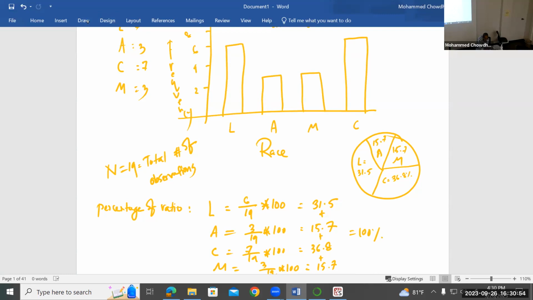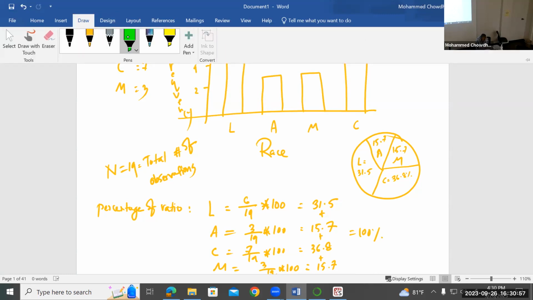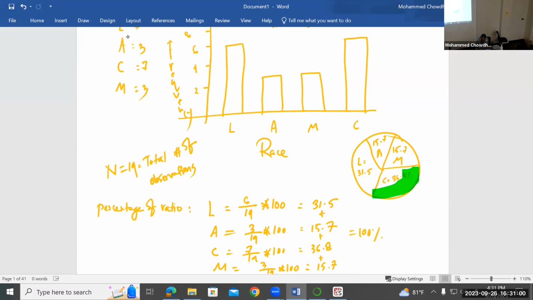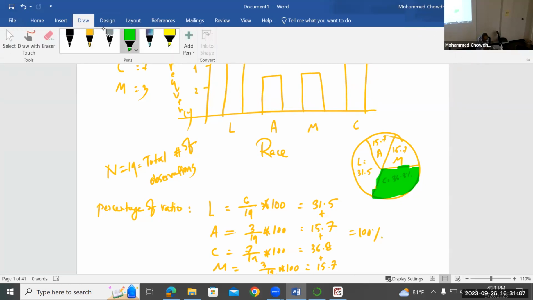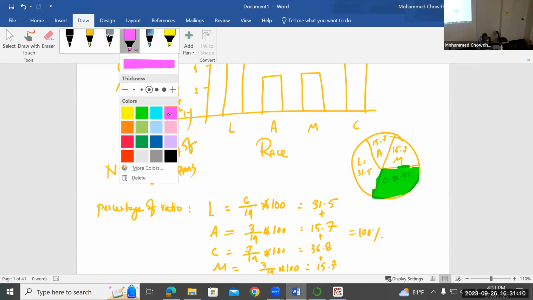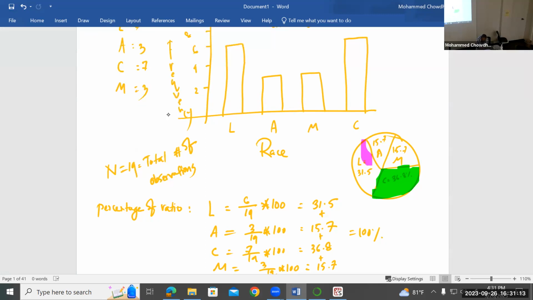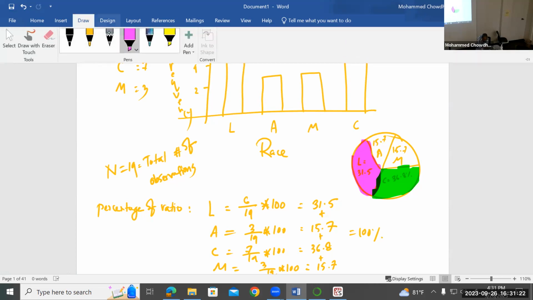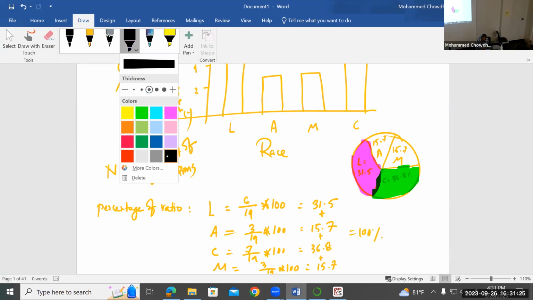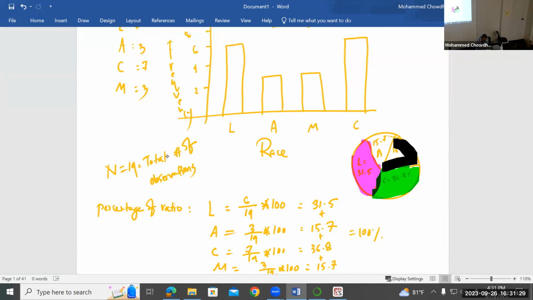Now you can put a color like this. You can put another color like this, a pink one. Oh, that black color makes the percentage disappear. So that's the way you can do the bar chart and pie chart.